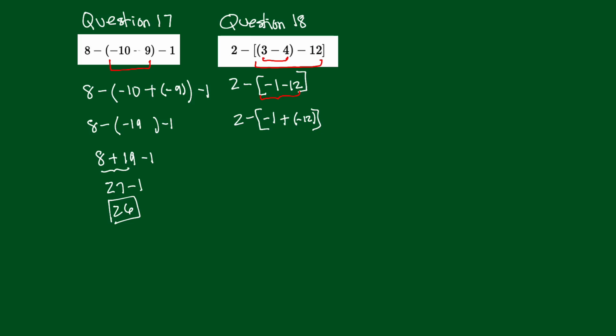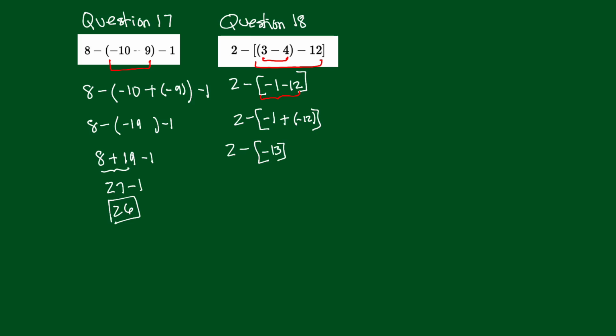Now, I have 2 minus, what is this? We're adding two numbers with the same sign. They're both negative, right? Negative 1, negative 12. So add their absolute values. 1, 12, 13, and use the common sign, which is negative. So how about negative 13?